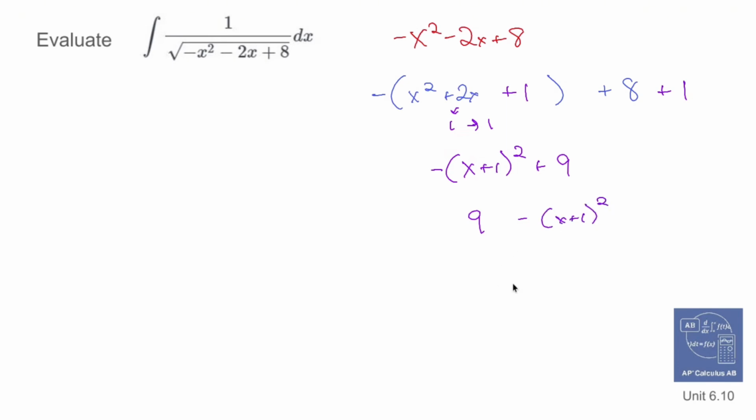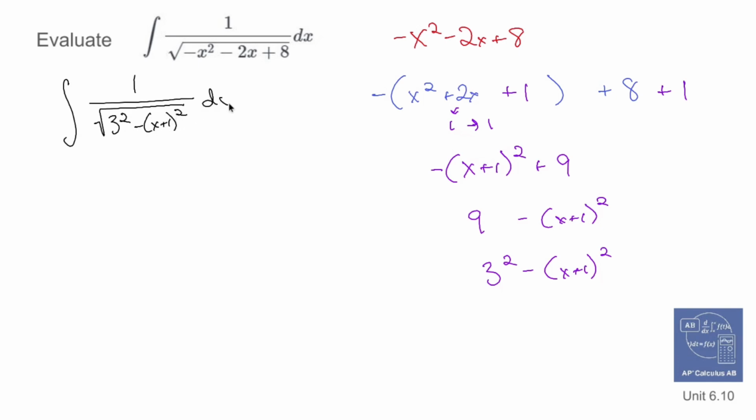because it's the same thing, and then turning u into 3, I now have what I showed you I needed from before. So I'm going to rewrite this guy up here as that, so I now have the integral of 1 over the square root of 3 squared minus x plus 1 squared dx.